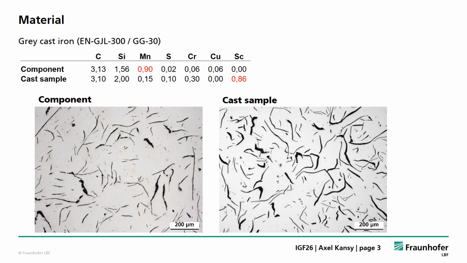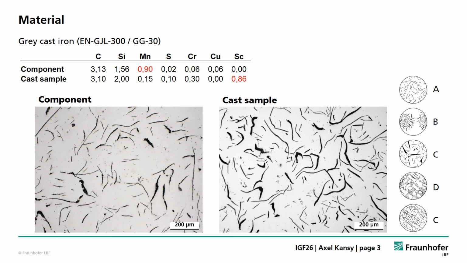By comparison with the sample images shown on the right side, we can classify the graphite arrangement. And we see that this one here, type A, fits best to our microstructure. It can be stated that despite minor differences in chemical composition and the graphite morphology, the materials compare very well with each other.